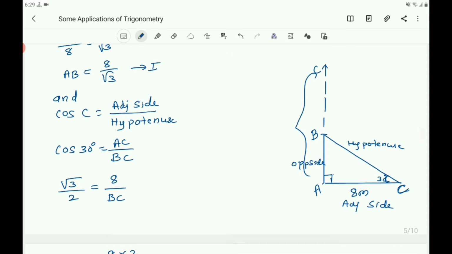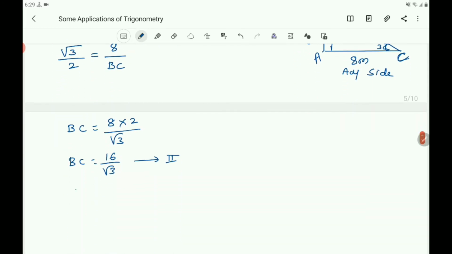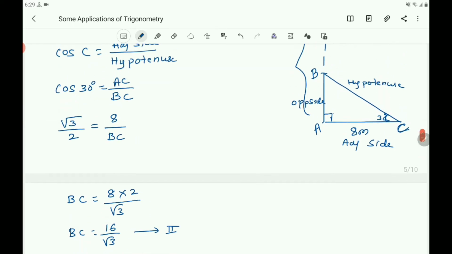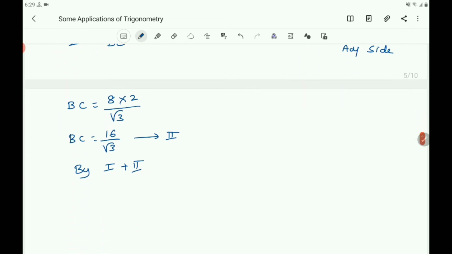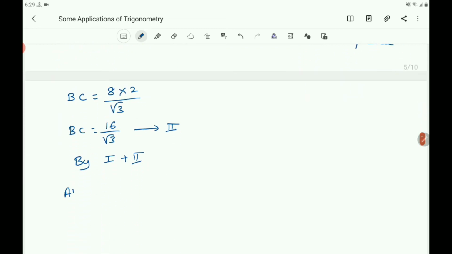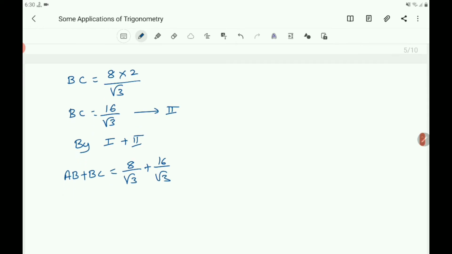Add both first and second, first plus second. Here add AB plus BC. AB plus BC equals AB is 8 by root 3, BC is 16 by root 3. AB plus BC is AC.